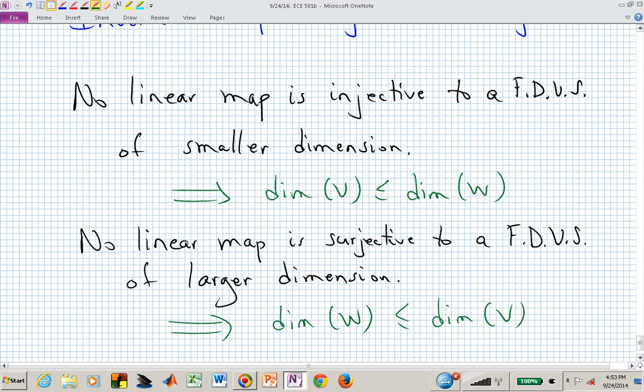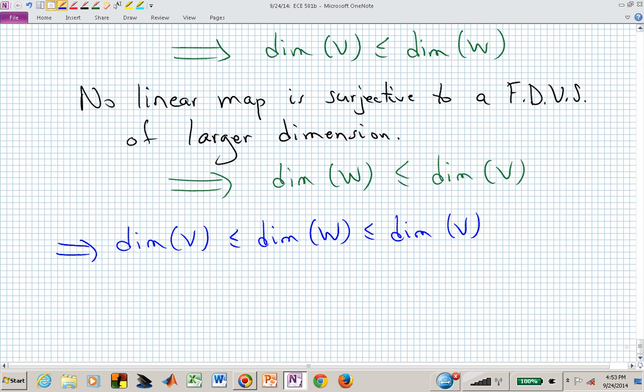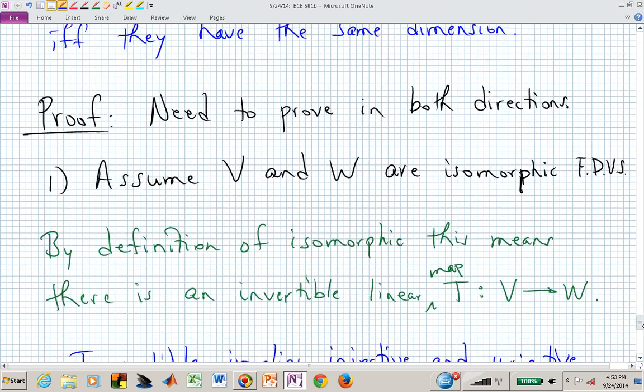Now we just combine those because it has to be injective and surjective, which now allows us to say that the dimension of V is less than or equal to the dimension of W, which is less than or equal to the dimension of V. And since V bounds W on either side, we can now say that the dimension of our domain needs to equal the dimension of W, which is the direction that we needed to prove first.